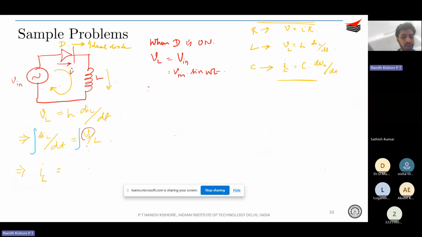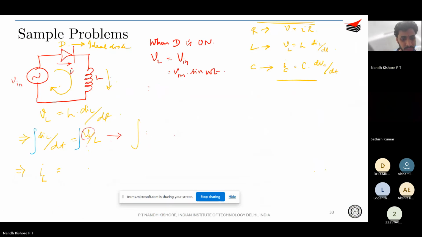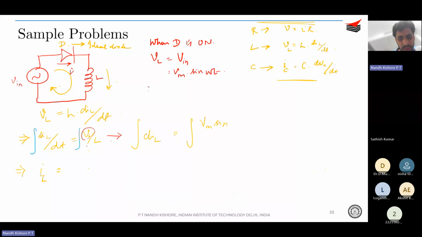But what are we doing over here? If I have to write this integration in proper terms, integral dIL on one hand is equal to integral Vm sin omega t divided by L dt.